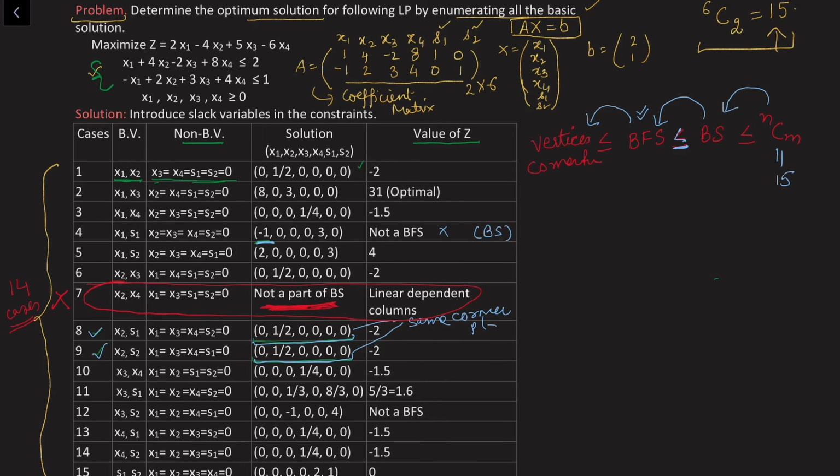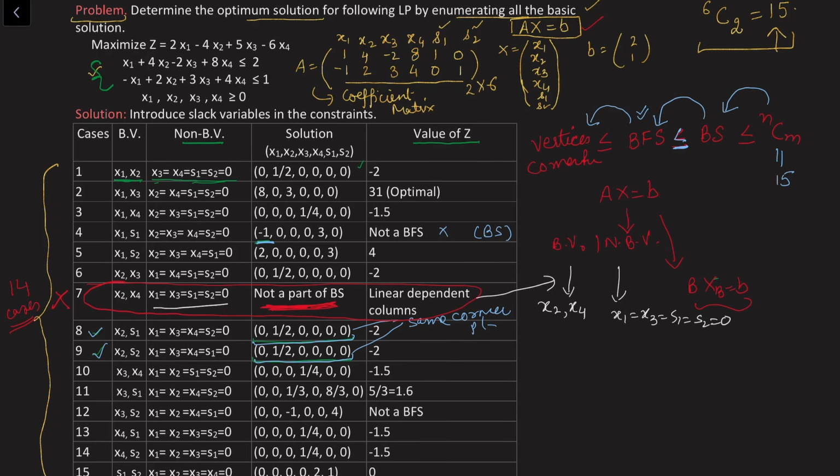My initial system is Ax equal to b. Whenever we select the basic variables, once you have selected basic and non-basic variables, the system gets reduced to B xB equal to b. And this is what we are trying to solve. So in this particular case, I have taken x2, x4 as basic variables, and my non-basic variables are x1, x3, s1, s2, which are equal to 0.